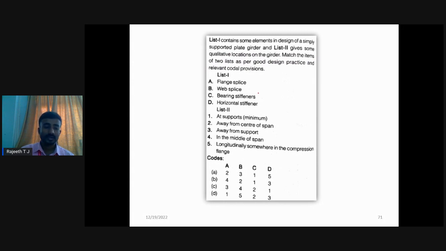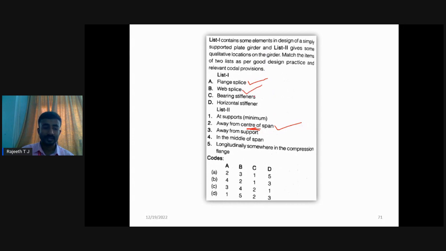Okay. So according to this, where do we need to give the web splice? We need to give the web splice not at supports, we need to provide a strong web, so away from the center of the span. Why? Because here we need to increase the bending moment capacity of the section. That's why we need to provide the flange.